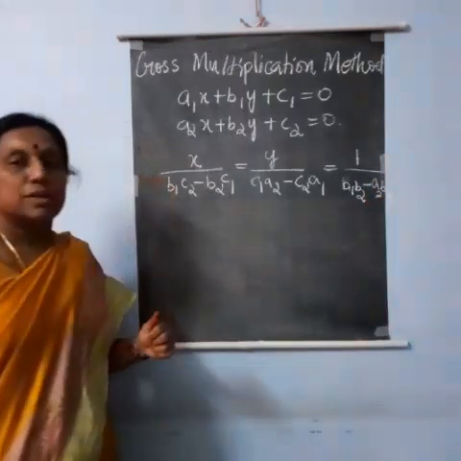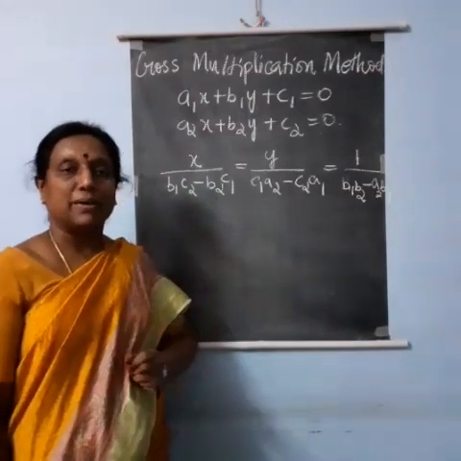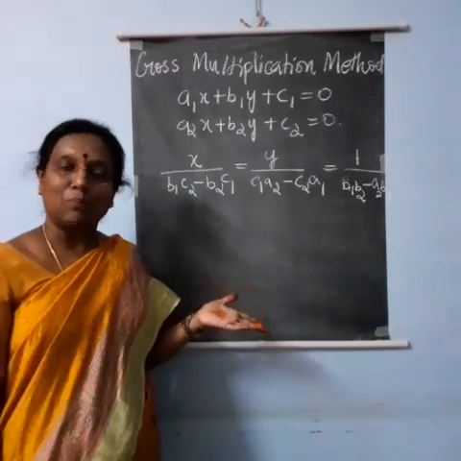Okay, so this will be the solution that we can use for solving the pair of linear equations by the cross multiplication method. Now this looks a little complicated, right?